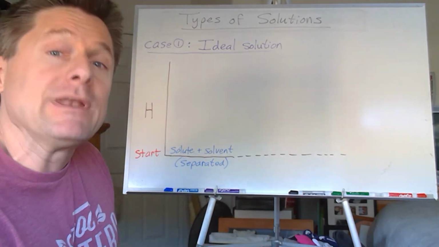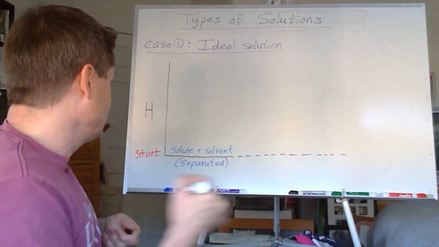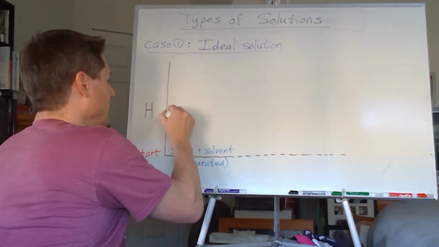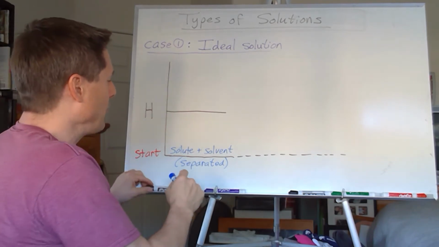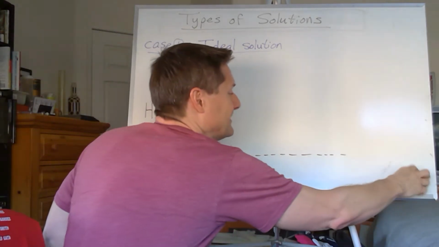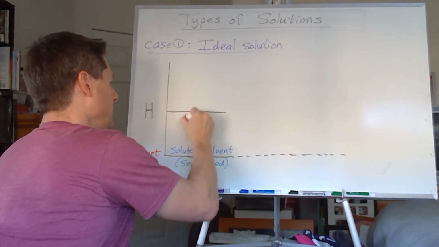So remember the first step, we need to break apart the solvent. That's positive, so let's go up and separate the solvent. Let's call this delta H1.